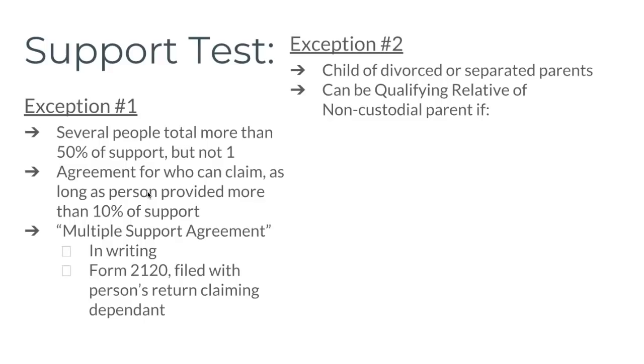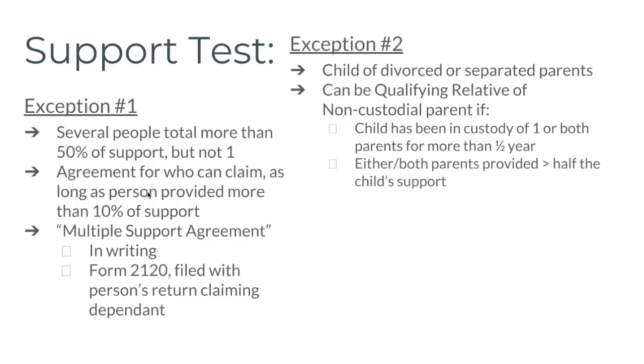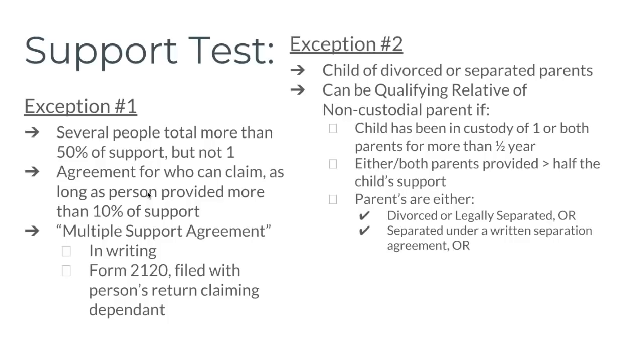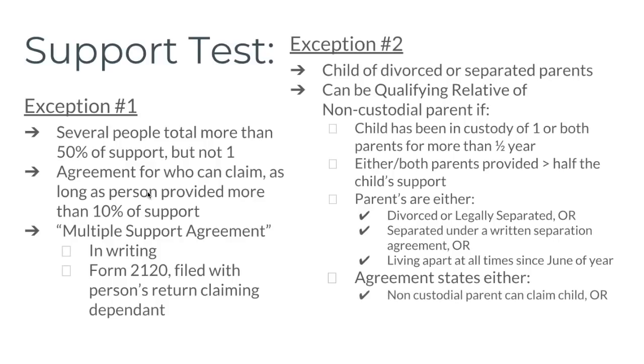Now this can be a qualifying relative of a non-custodial parent if the child has been in custody of one or both of the parents for more than half the year, either or both parents provided more than half the child's support, and parents are either divorced or legally separated or separated under a written agreement or living apart at all times since June, and the agreement states either the non-custodial parent can claim the child or the custodial parent chooses to relinquish the claim in writing.